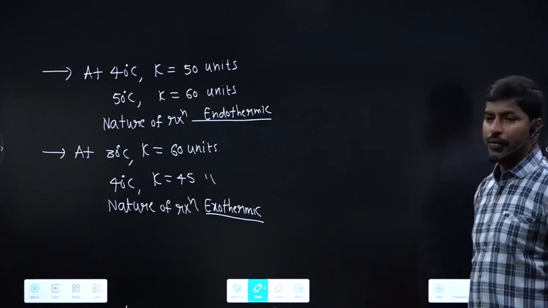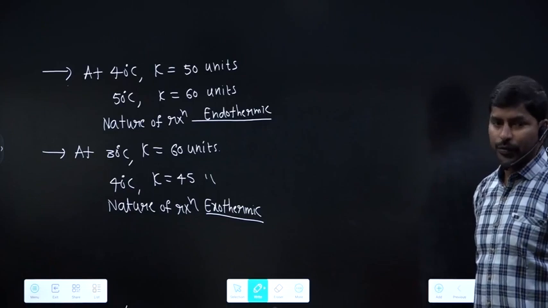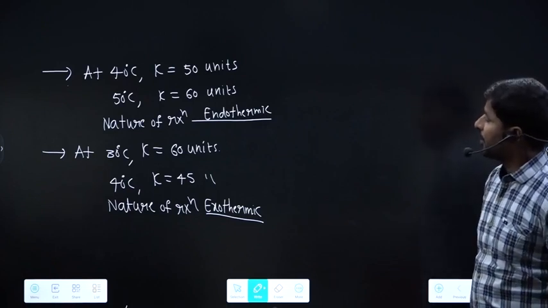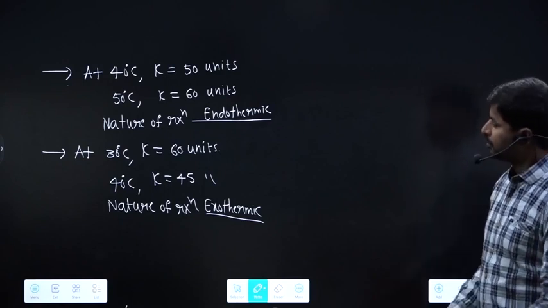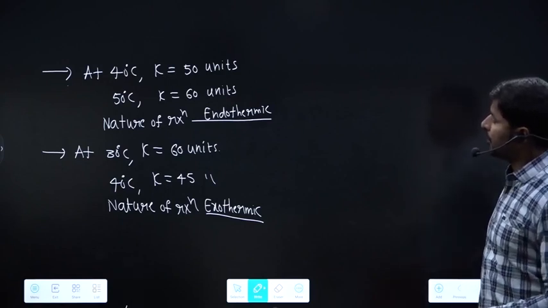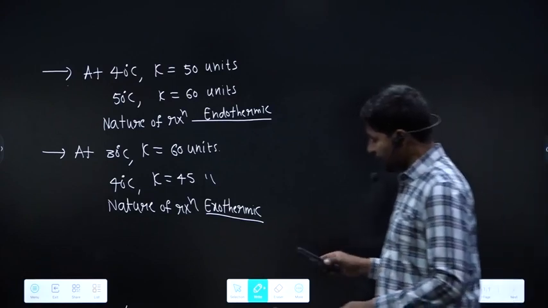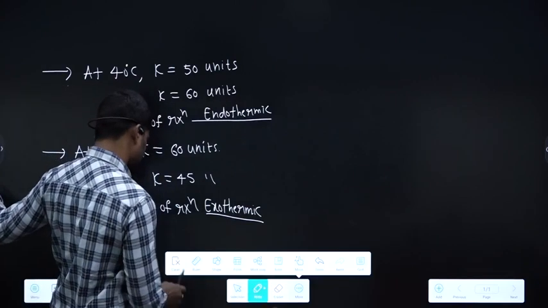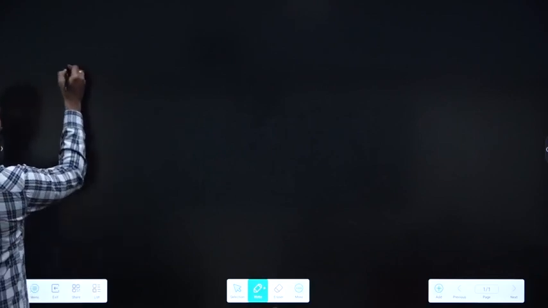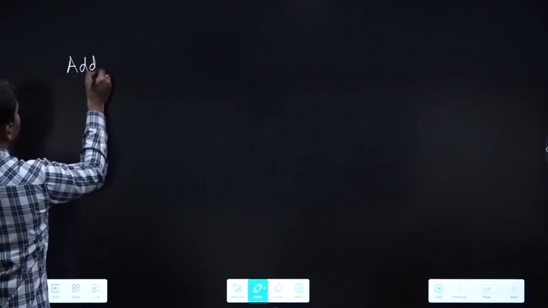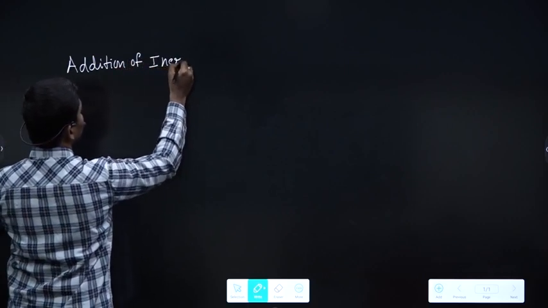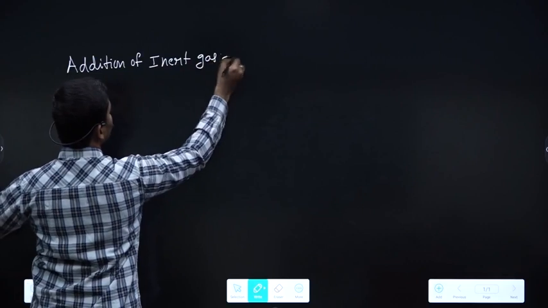Next we have to see what? Addition of inert gas. Two cases we have, at constant volume and at constant pressure. Okay. Next put heading: addition of inert gas.